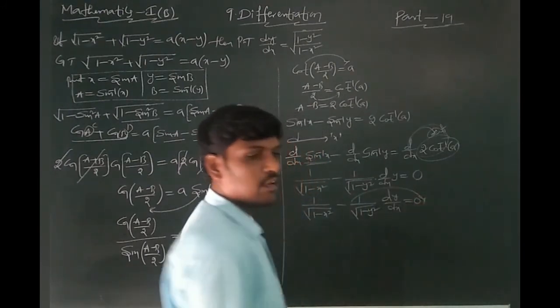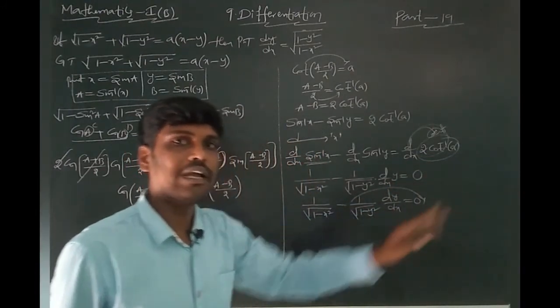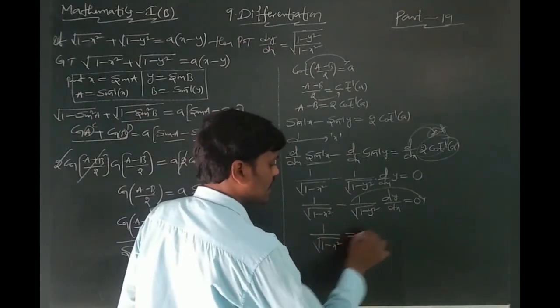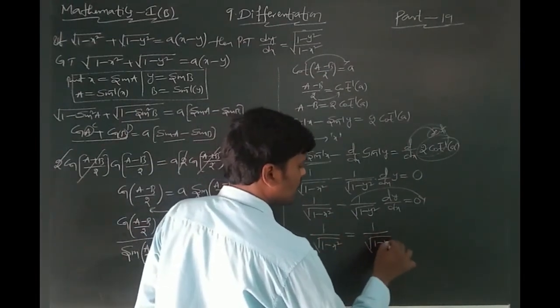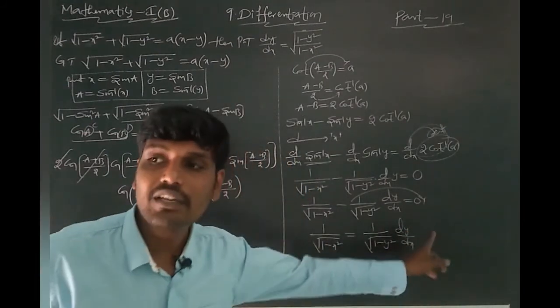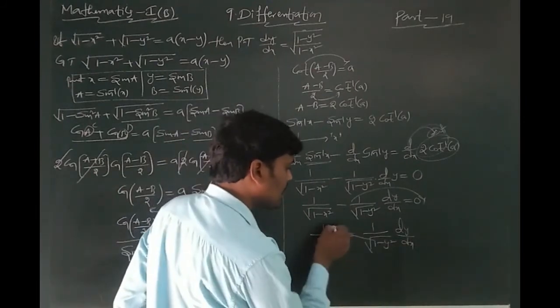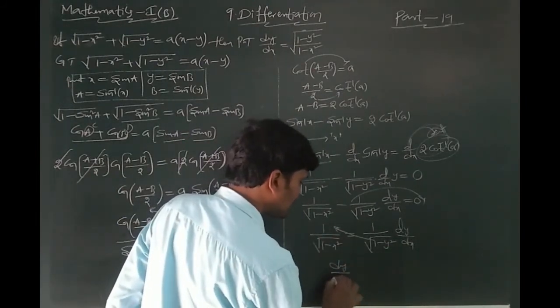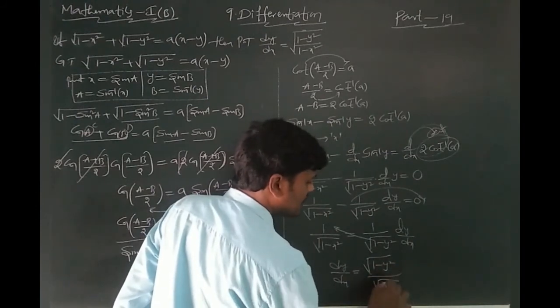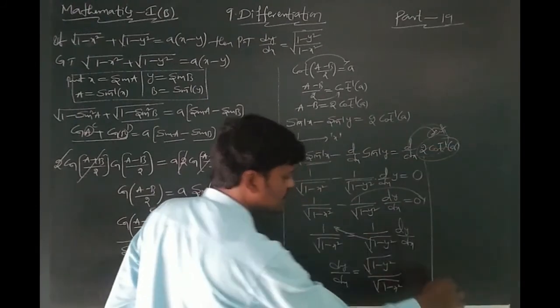The minus term goes to the right side, so you get plus. After that, 1 by square root of 1 minus x² is equal to 1 by square root of 1 minus y² into dy by dx. You can find dy by dx here. Cross multiply: dy by dx is equal to square root of 1 minus y² by square root of 1 minus x². Understood or not?